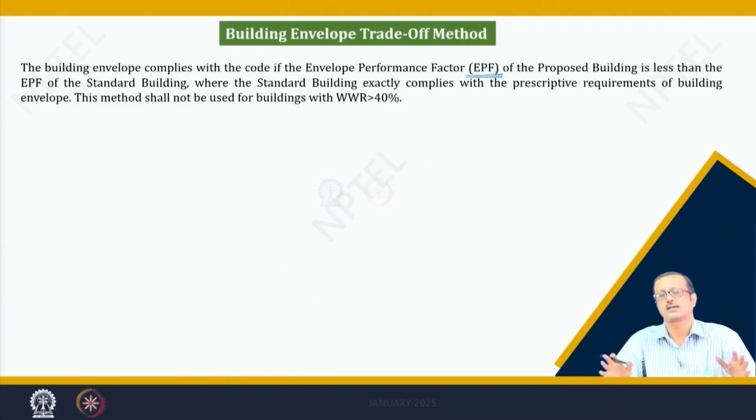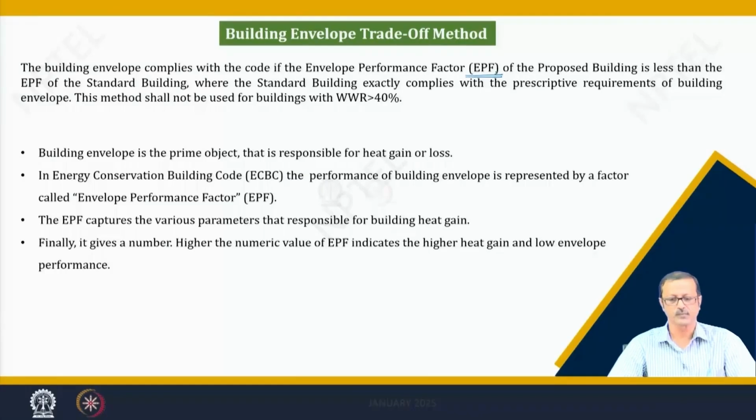And there is no other alternative method prescribed as of now by ECBC for buildings having WWR more than 40%. Probably in the future they may come up with some kind of guidelines.